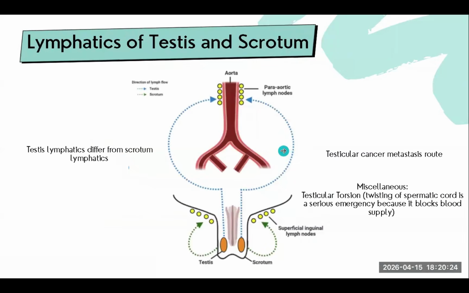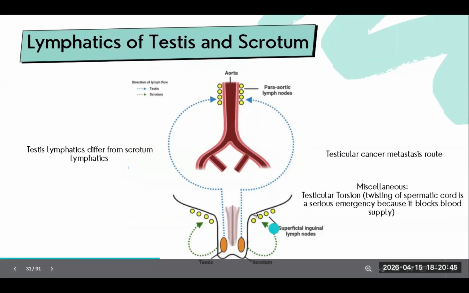Now for the lymphatics of the testes and the scrotum. Remember, blood supply, lymphatics, all of that, it's relevant and related to the origin of the structure. The testes, as we said, developed in the abdomen. However, the scrotum has always been down. So the scrotum's lymphatic drainage would be to the superficial inguinal lymph nodes, all the way down.